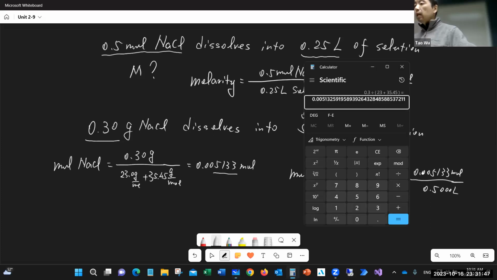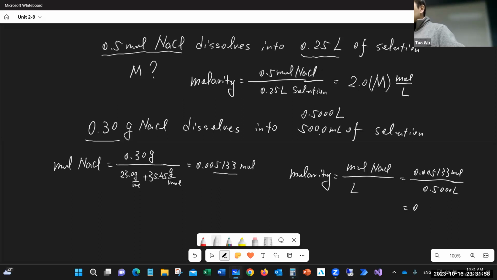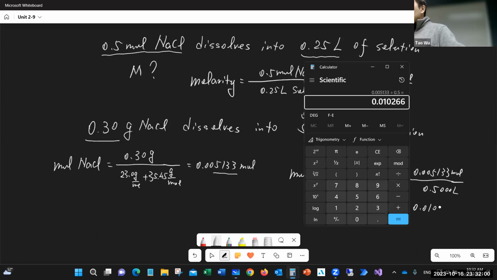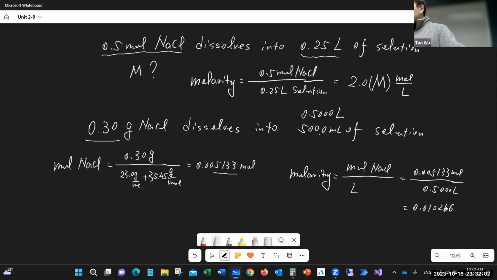And then you will get an answer, 0.010266. And this is a capital M, molarity.